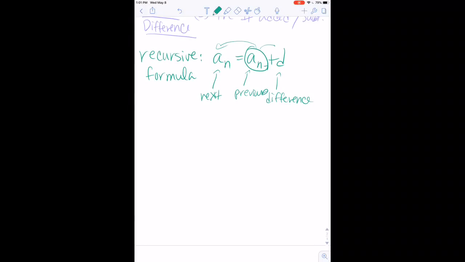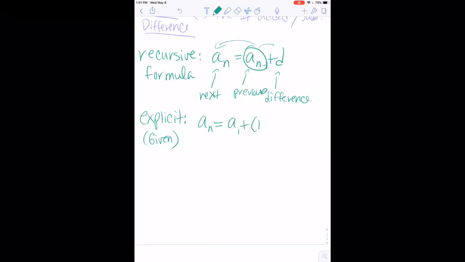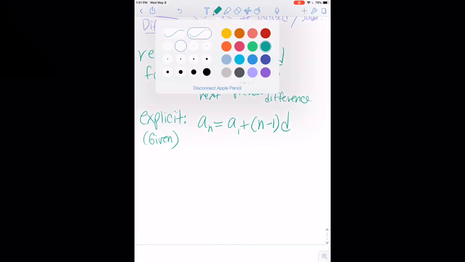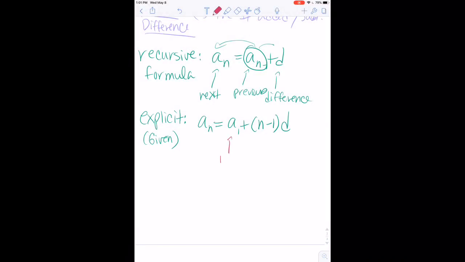The one you're more interested in is the explicit formula, and that's going to be one that you are given, which is very nice for you. So it's a sub n equals a sub 1 plus n minus 1 times d. Let's just go ahead and label each piece. A sub 1 is the first term in your sequence.